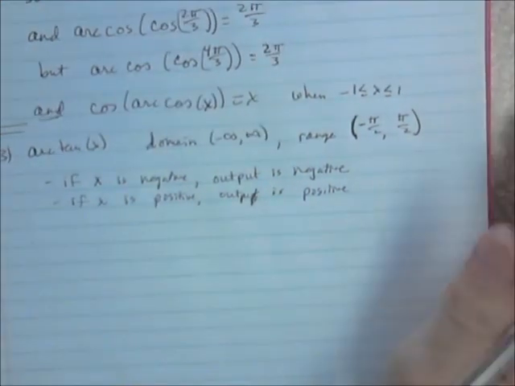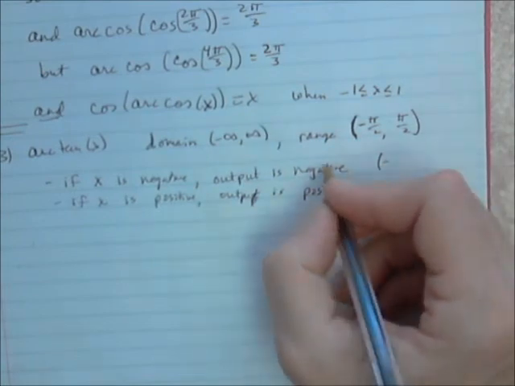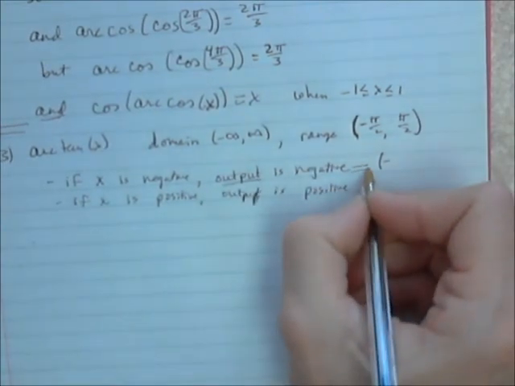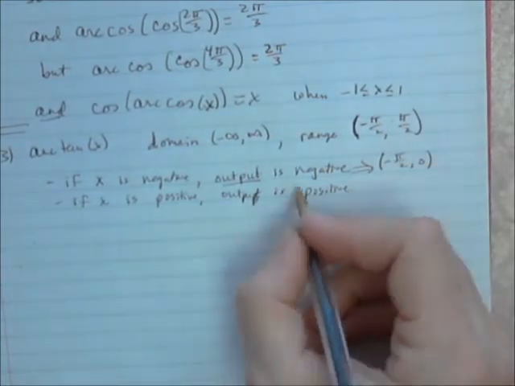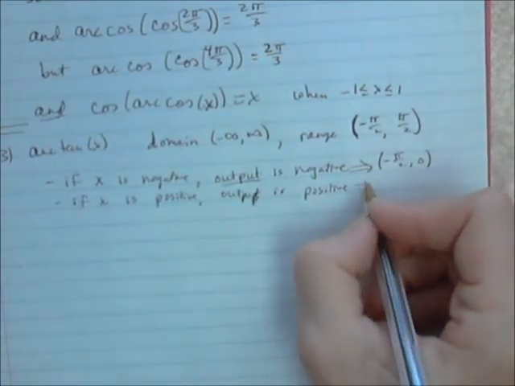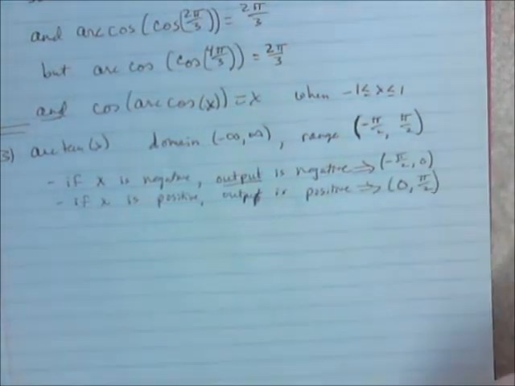All right, so if you have a negative input, the negative output would only be between -pi over 2 and 0. And if x is positive, the output to that would only be between 0, and it can never be greater than +pi over 2.